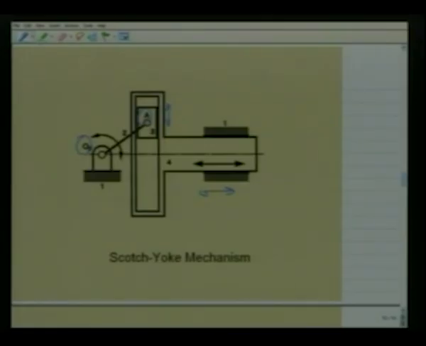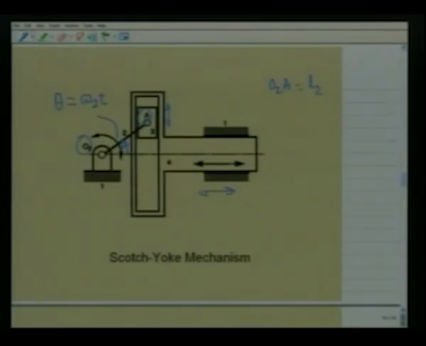Here, if we consider the kinematic dimension O2A as say L2, and this angle I call theta, assuming at t equal to 0, theta is 0, then I can represent theta is equal to omega 2 into t, where omega 2 is the constant angular speed of link number 2.